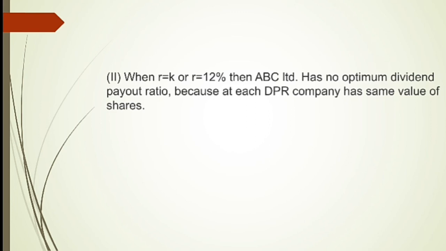Whether it is a 100% payout ratio, an 80% payout ratio or a 40% payout ratio, if the value of share is the same at all three, then we have to conclude that there is no optimum dividend payout ratio in the normal firm condition for ABC Limited Company.